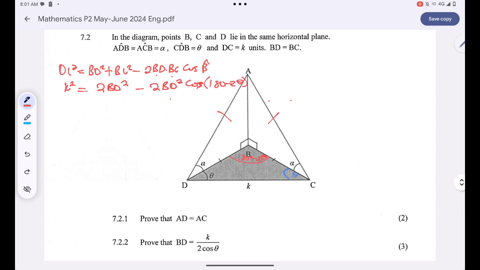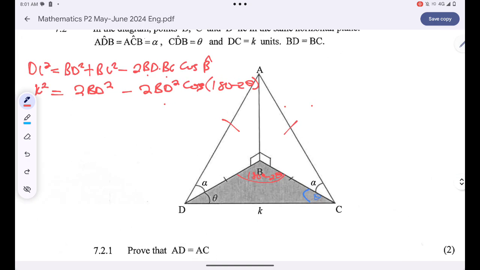Are we together? How can I manipulate this? I still have K squared negative. Why do I say negative? That's 2 BD squared multiplied by negative cos 2 theta.